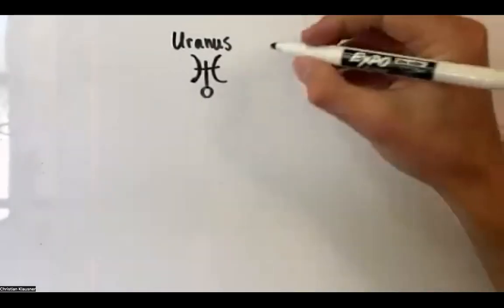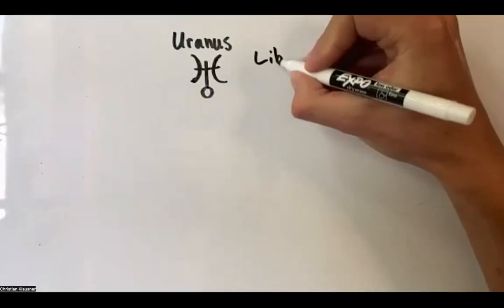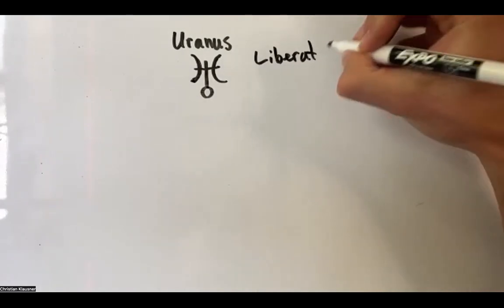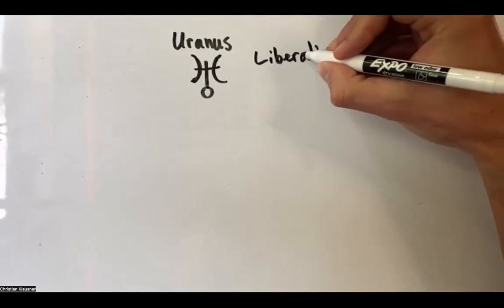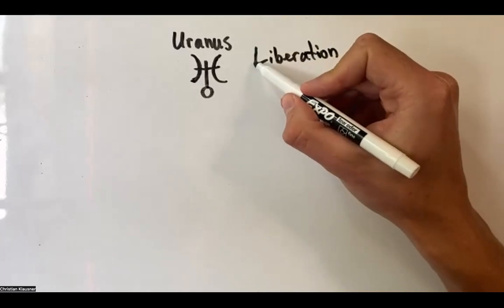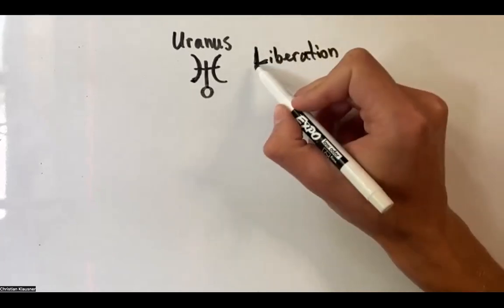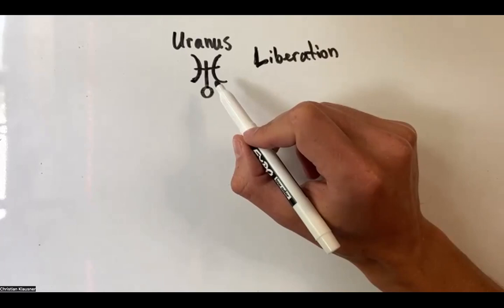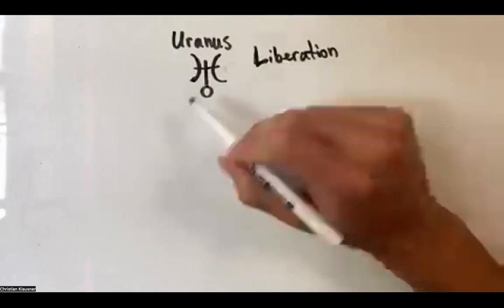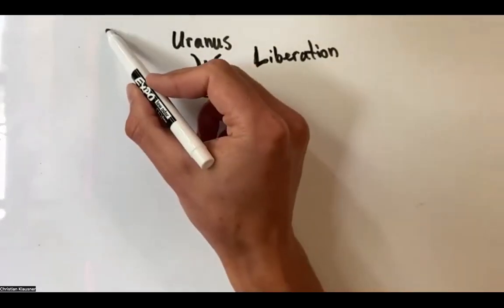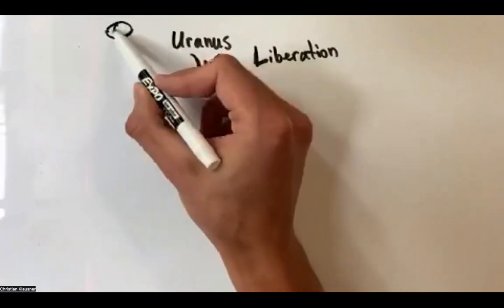This is the planet of change. This is a planet of liberation. The best way to think of Uranus to understand it mentally: I would just want you to know these planets that lie beyond Saturn are not visible to the naked eye.